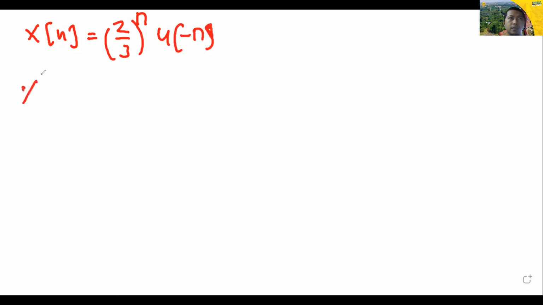So find the Z transform. Okay, you have another 15 minutes to conduct this exercise.